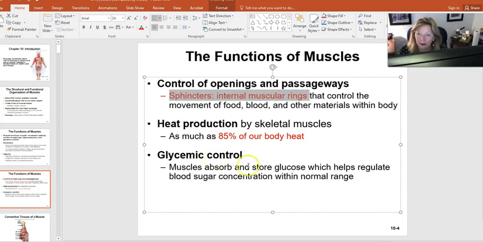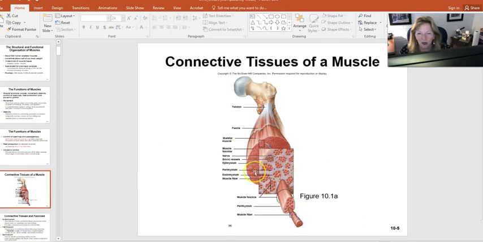And between meals, you can actually take that glycogen molecule and break it down so that glucose molecules can be raised back up in the bloodstream and can be maintained for homeostasis. So glycemic control.